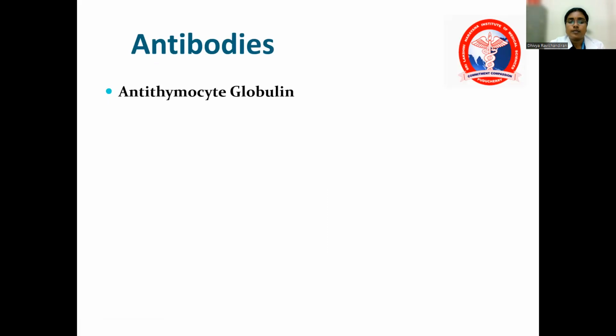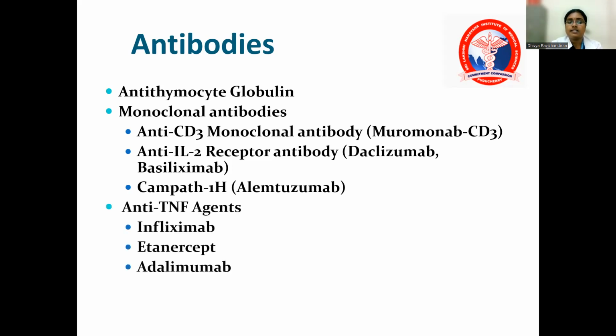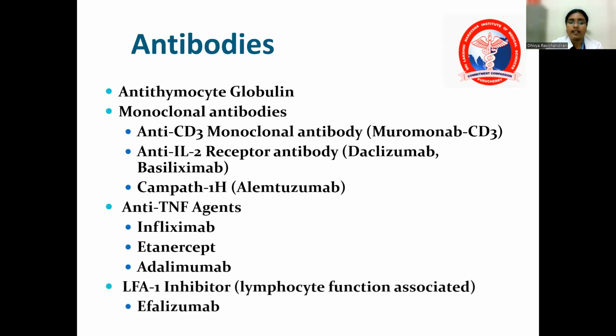Antibodies include anti-thymocyte globulin; monoclonal antibodies like anti-CD3 monoclonal antibody, muromonab-CD3; anti-interleukin receptor antibodies like daclizumab and basiliximab; Campath-1H, which is alemtuzumab; anti-TNF agents such as infliximab, etanercept, and adalimumab; and an LFA-1 inhibitor, lymphocyte function associated antigen inhibitor, that is efalizumab.